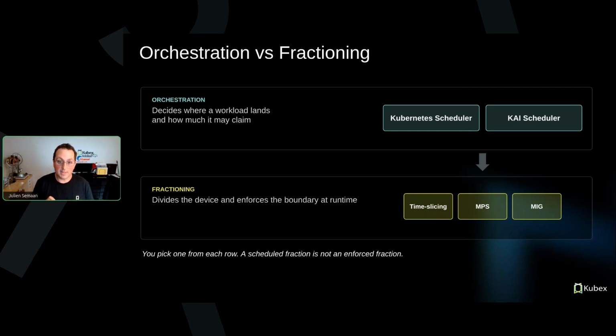And this is where the bottom line here that we have in the slide matters. A scheduled fraction is not an enforced fraction, and a decision must be taken on how to enforce it. There are more options than the one we see here. And the same principles still apply if you use another scheduler, device plugin, or vendor-specific mechanism. But today we'll be focusing on NVIDIA and the mechanisms that allow to do the fractioning on it.